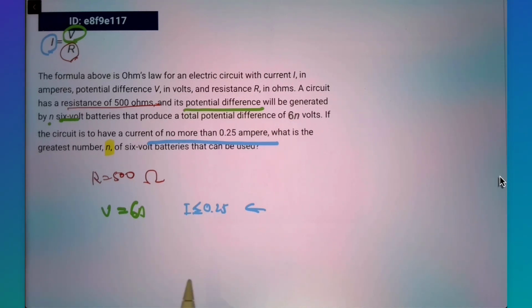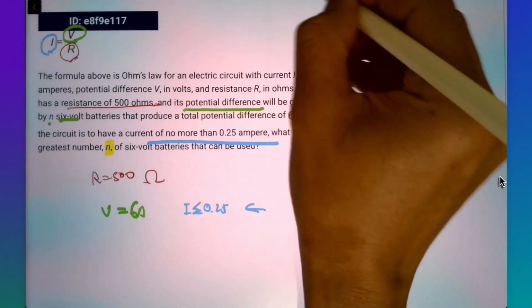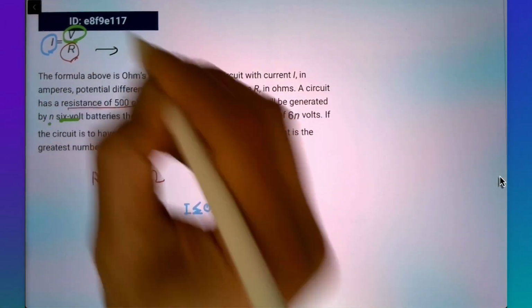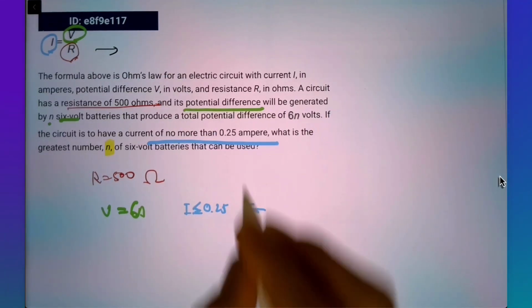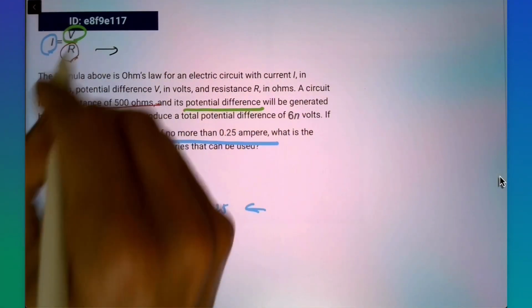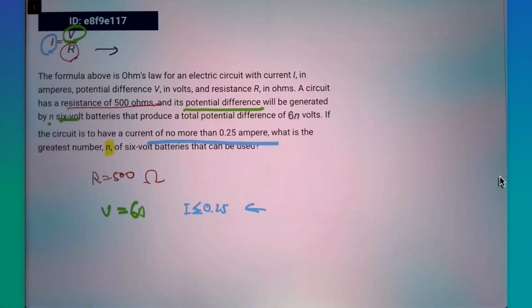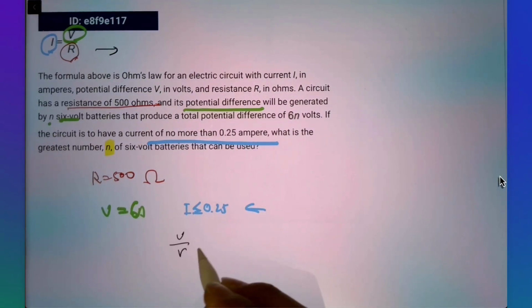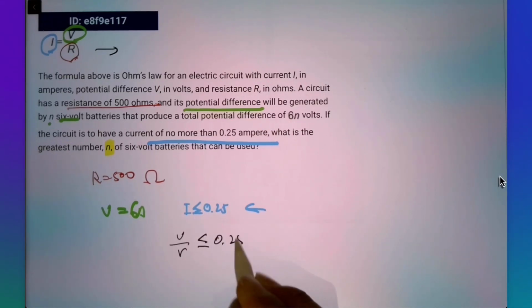If you rewrite the formula in terms of V and R, oh, it's already done for you: V over R. No need to rearrange. So just plug it in. V over R is less than or equal to 0.25.